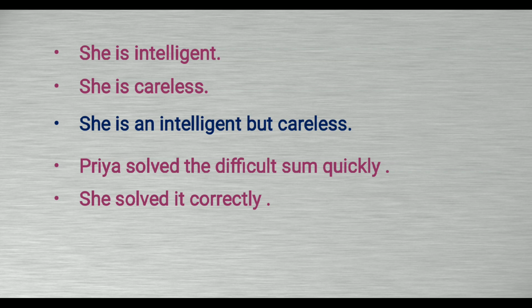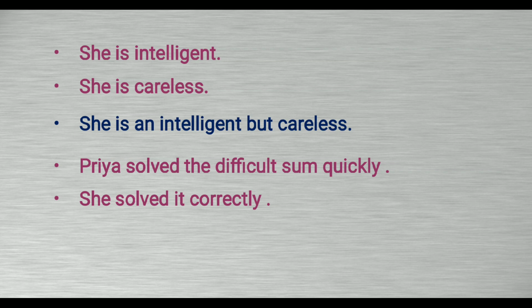Now what can we do? What is the contrast? Priya solved the difficult sum quickly. So she is very intelligent to solve the sums quickly, very fast, right? Quickly means very fast. And she solved it correctly means her sums are also correct.